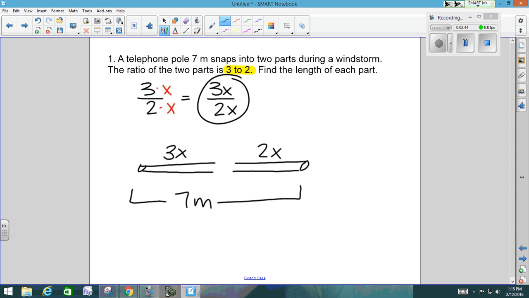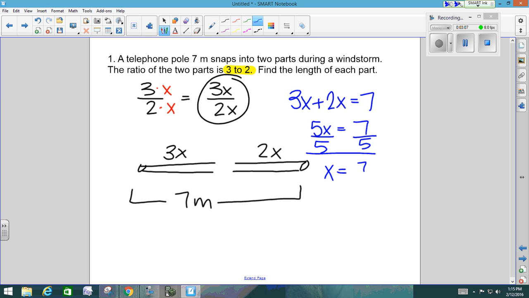We have to find the length of these 2 parts. Looking at it, your light pole is like a segment. You're going to use your segment addition postulate. So 3x plus 2x has to equal 7. Combine like terms, 5x equals 7. Divide both sides by 5, and you should get x to be 7/5.